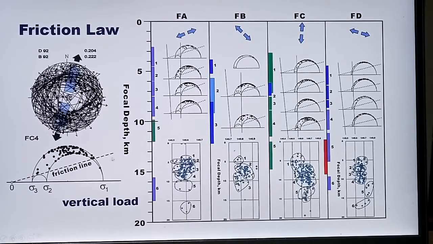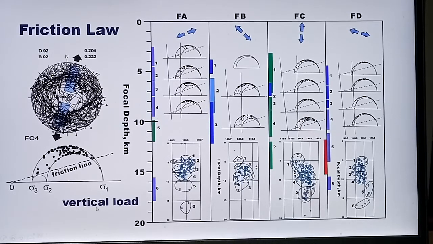Determination of the friction line is very useful because it starts from zero, so we can determine the ratio between sigma 3, sigma 2, sigma 1. For normal faulting type, sigma 1 corresponds to the vertical load.